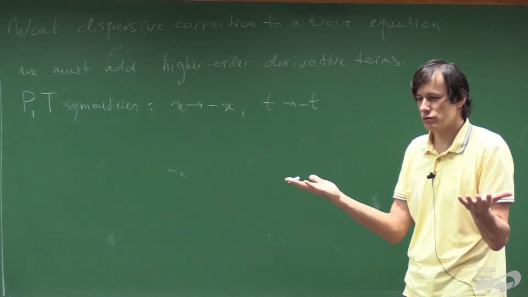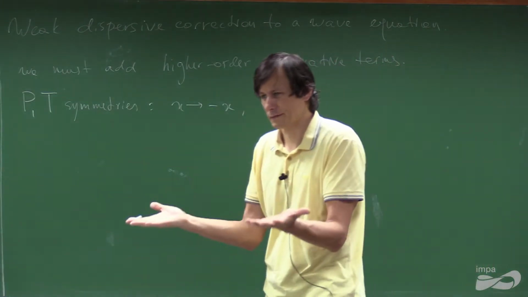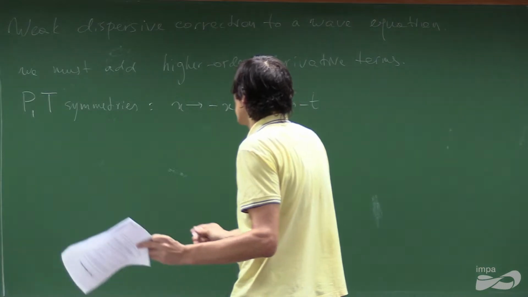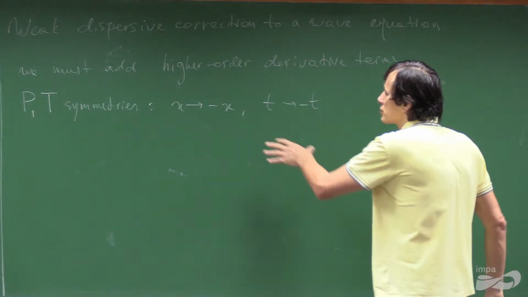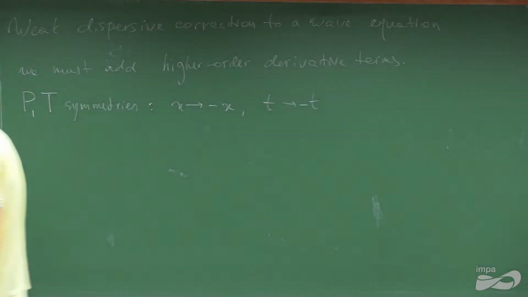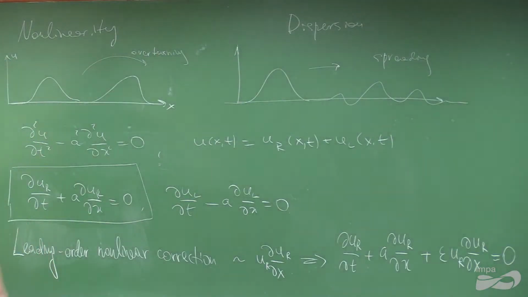If you change the sign of all coordinates, the left hand becomes right hand. And this is called time reversal, t to minus t. Both symmetries were assumed in the derivation of the wave equation, so we should still keep them. We say that we will only break the second and sixth hypothesis. We don't break the others.